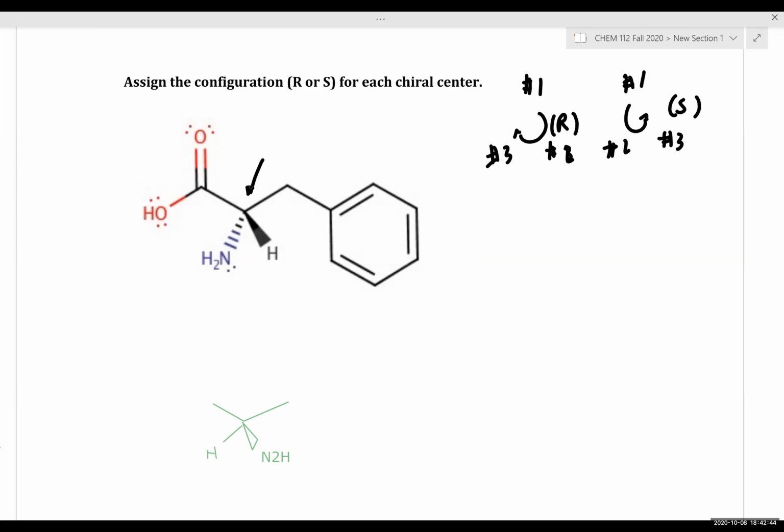You're on the right track. It's just a matter of rewriting and rotating the molecule. And once you've rotated your molecule so the hydrogen's in the back, then you're able to assign priority with no issues. Try to give it a shot rewriting this molecule.